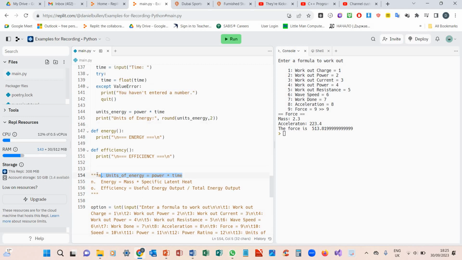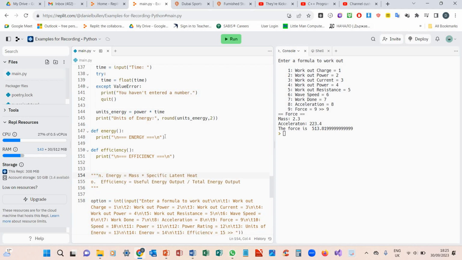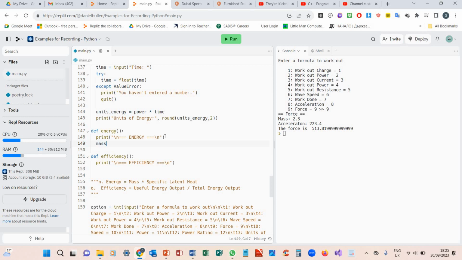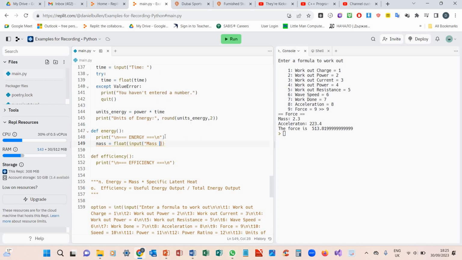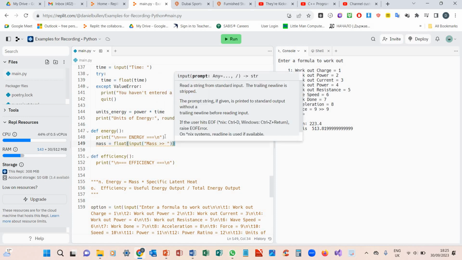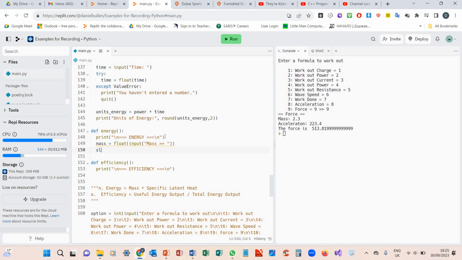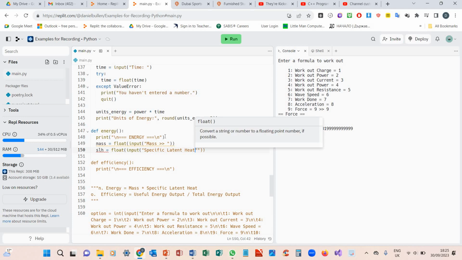Now for energy, which is mass over latent heat. So we need the mass. SLH. And then we're going to say enter specific latent heat.